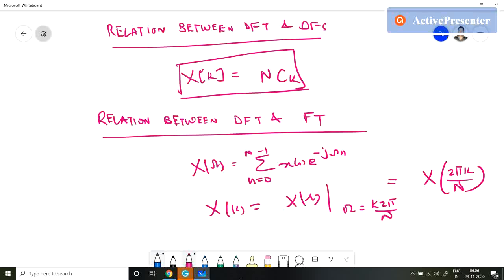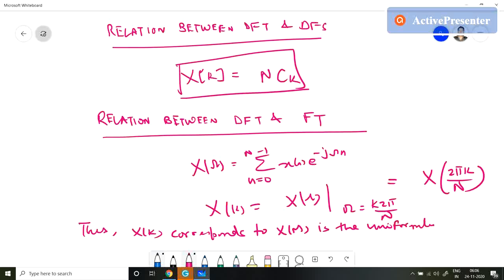Thus X[k] corresponds to samples of X(Ω) at uniformly spaced frequencies Ω equals 2πk divided by N, for k some integer value.